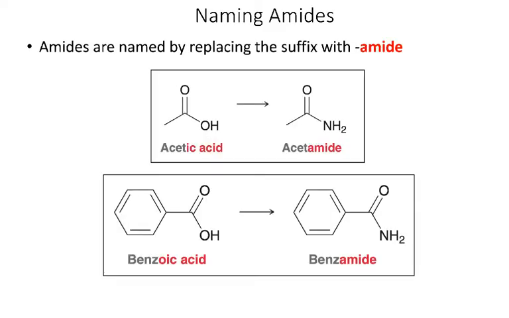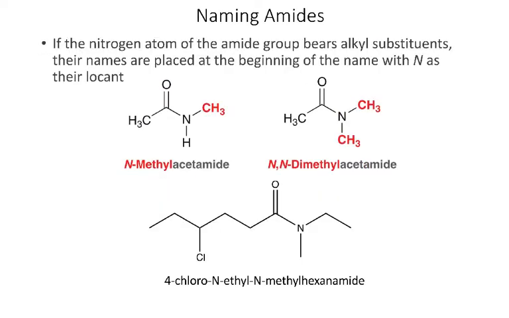For the amides, we take the oic acid or the ic acid, depending on the case, and replace it with amide. So acetic acid becomes acetamide. Benzoic acid becomes benzamide. Now, what happens if we have things other than hydrogens coming off of the nitrogen?